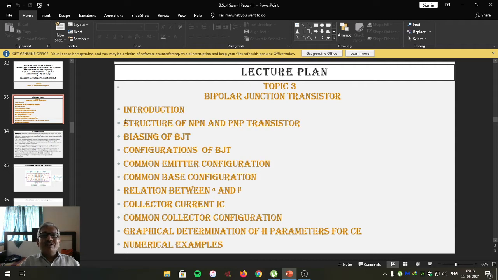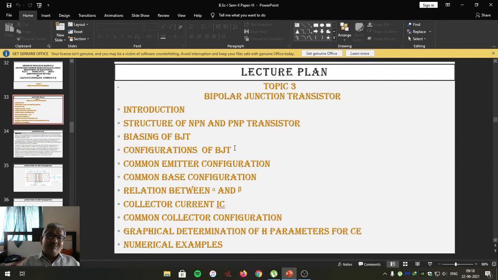Then we are going to study structure of NPN and PNP transistor, how it appears to be. Then we are going to study biasing of BJT. To work BJT, we have to bias it. So that's why we are going to study the biasing of BJT.